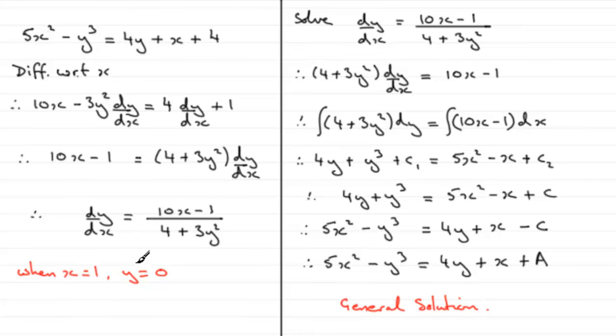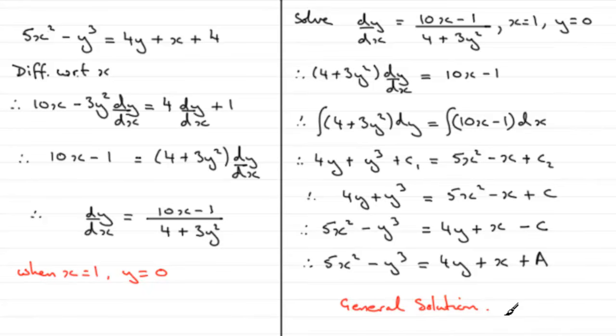So x equals 1, y equals 0 satisfies this equation. So let's just write in here that we've got to solve this equation when x equals 1 and y equals 0.